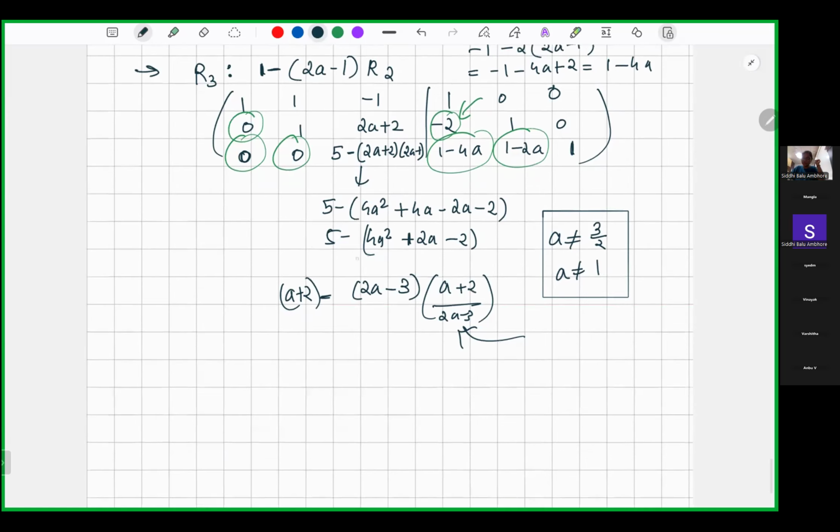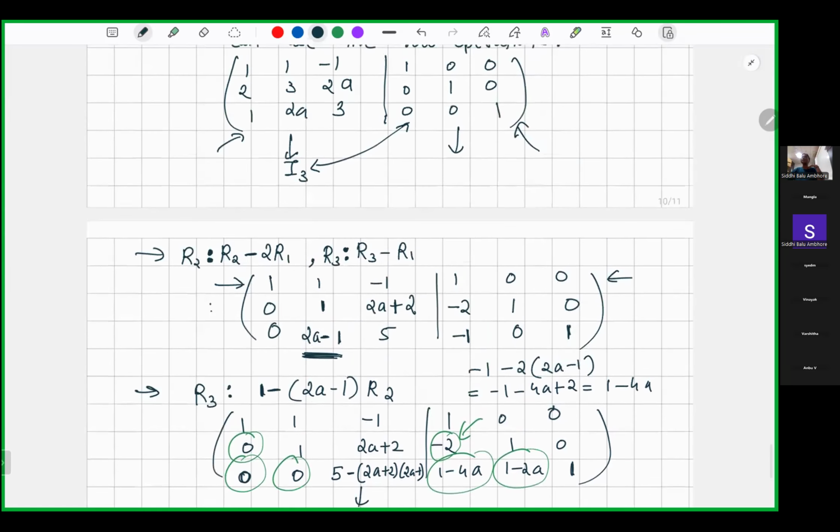If you calculate further, this will be 4a square plus 2a plus 3, and it might come to this, that we somehow got 3 here. So it will be on that line. I hope you got the idea of what we are trying to do here.